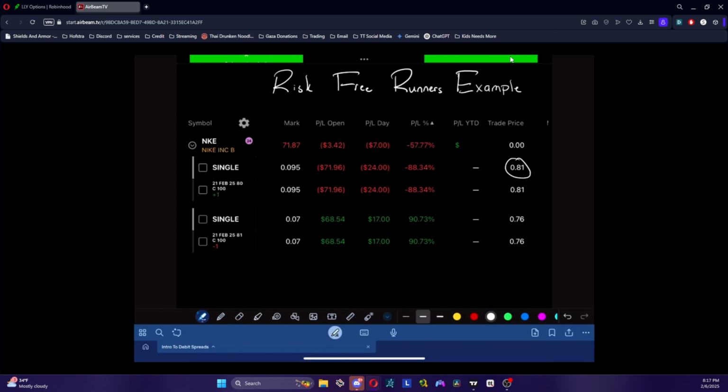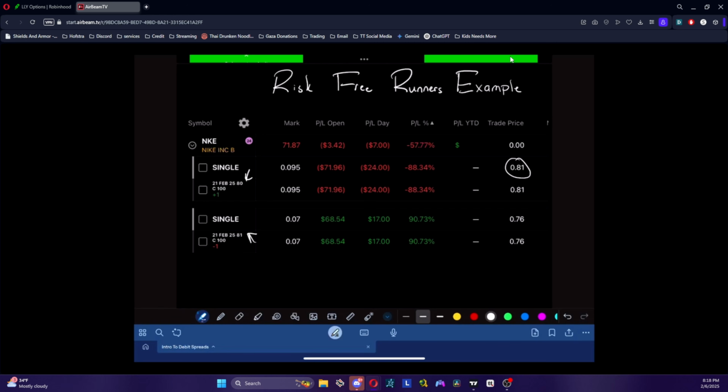That meant the call further out of the money for that same expiration was gaining value as well. So since I bought the 80 call, I then saw that the 81 call, the same day when I was already very up on my Nike call, was up as well. And in fact, it had gained significant value.